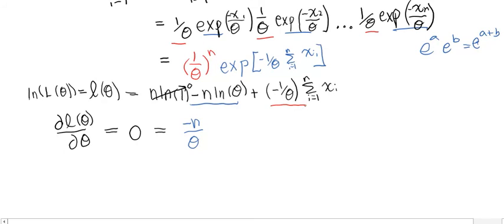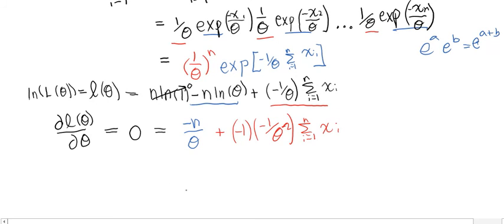The derivative of this term over here is going to be negative 1 times negative 1 over theta to, this should be a positive, to the second power. And then our summation stays the same. It's treated as if it was a constant.